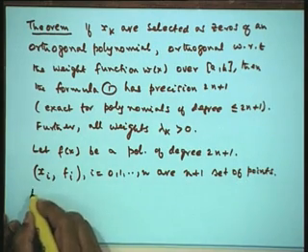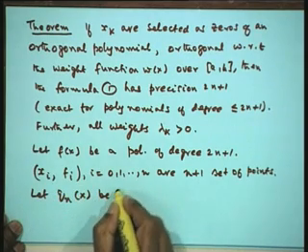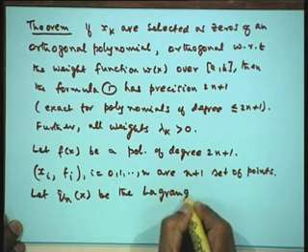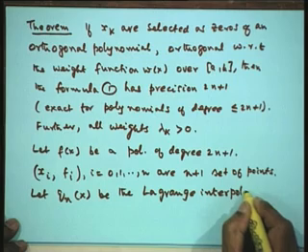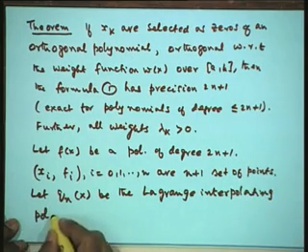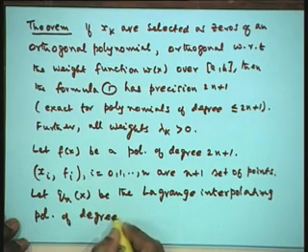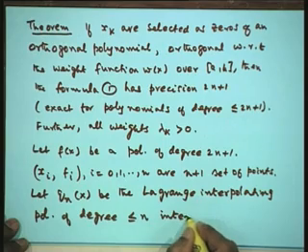So, let q_n(x) be the Lagrange interpolating polynomial of degree less than or equal to n, interpolating this data.